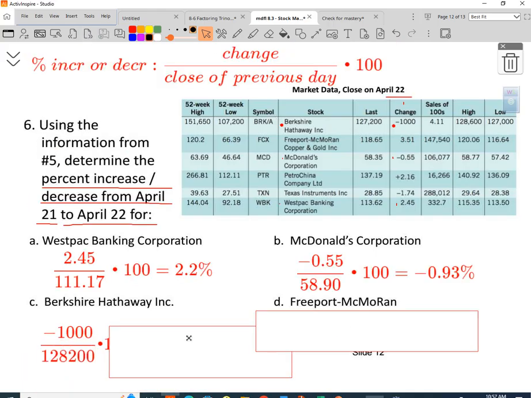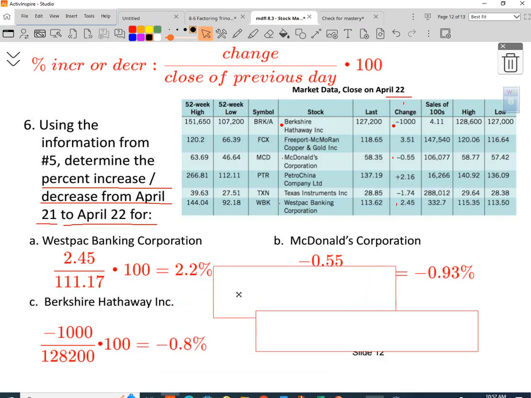That is our denominator. We divide those, multiply by 100, and our percent is negative 0.8%. So B and C are both percent decreases.